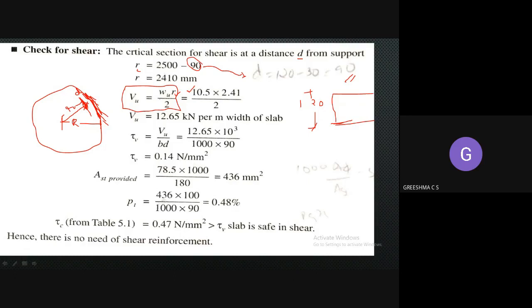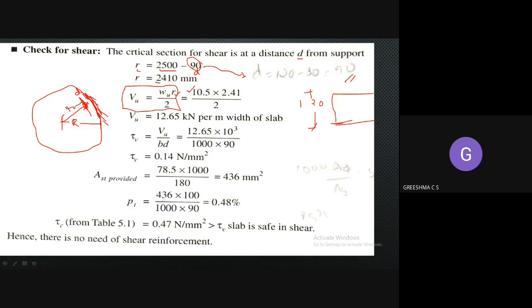So here the radius R means this is the R. For the critical section distance, we are taking a small r. So r is equal to 2500, the radius of the circular slab, minus d. D is 90 mm.